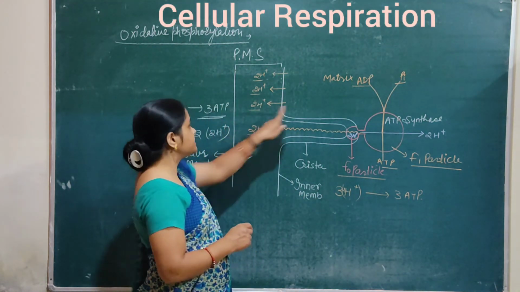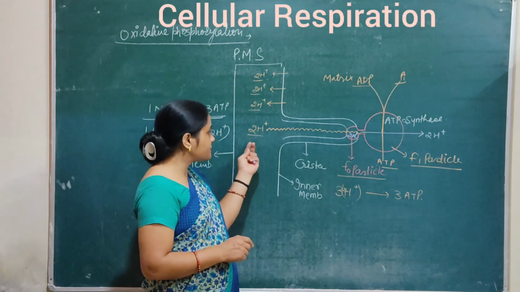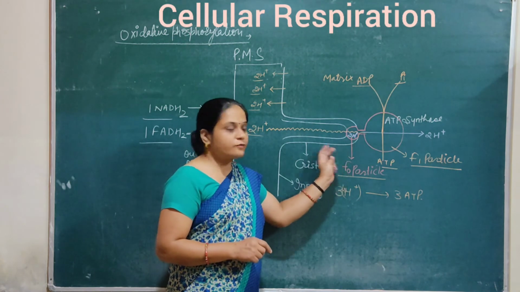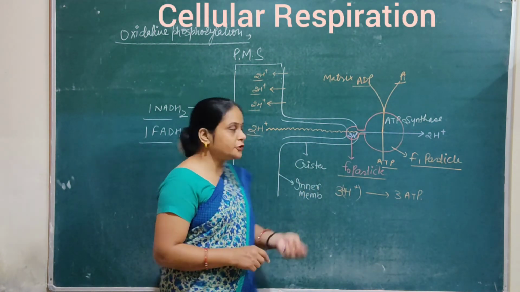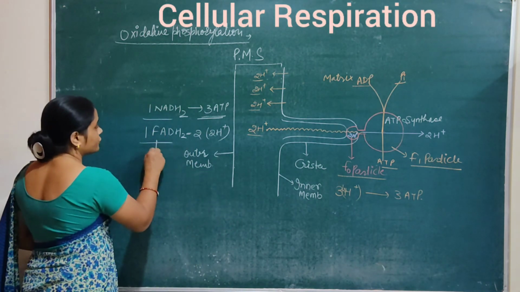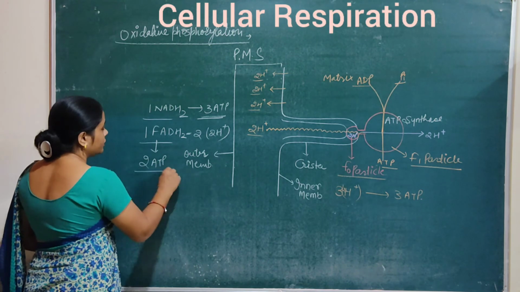So it pushes the 2 pairs of protons from the matrix to the perimitochondrial space, and when these 2 pairs of protons come back, then what will happen? 2 ATP molecules are produced here. So we can say that from 1 FADH2, 2 ATP molecules are produced.